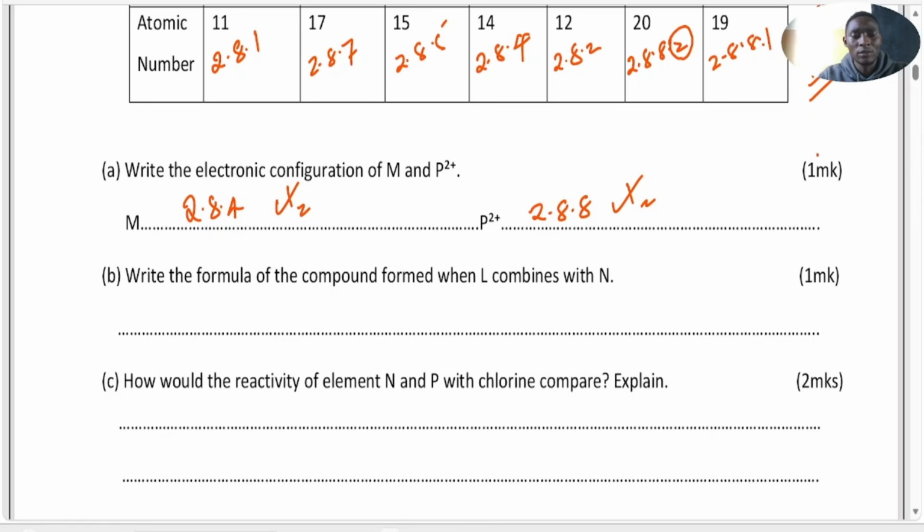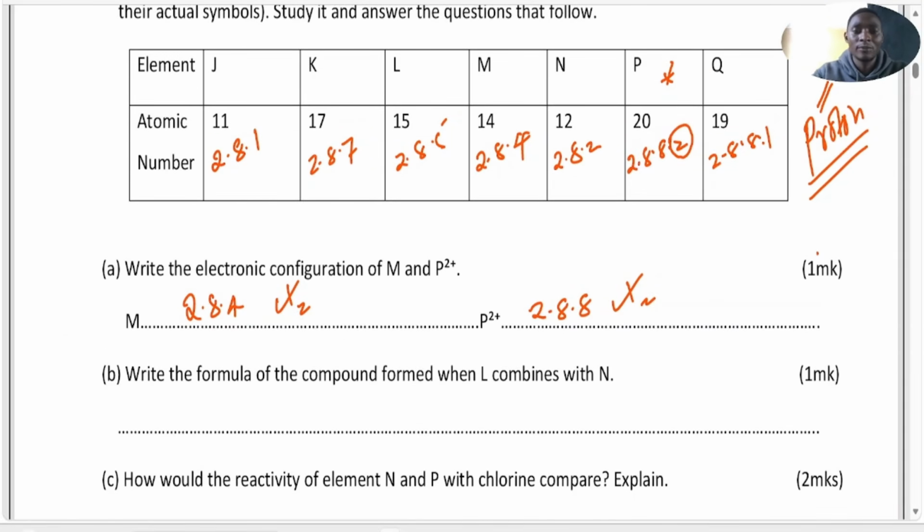Moving to the next question, write the formula of the compound formed when L combines with N. We need to understand that L is an atom with electron configuration 2, 8, 5, meaning L with 15 protons, its configuration being 2, 8, 5, reacts by gaining 3 electrons to attain its octet stability, not duplet stability.